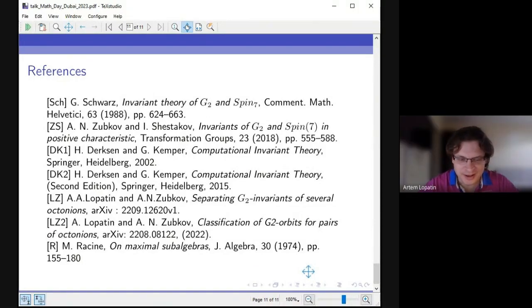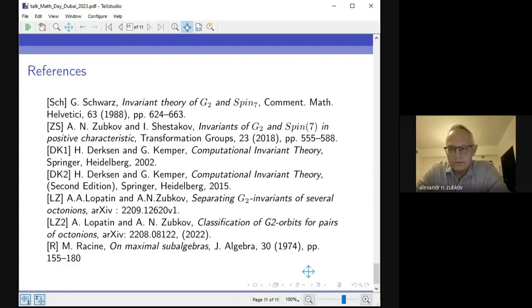My question will be about these methods to find generators for some exceptional groups using good filtrations. Is there any chance to apply it for, I know, F4 or E6, let's say?